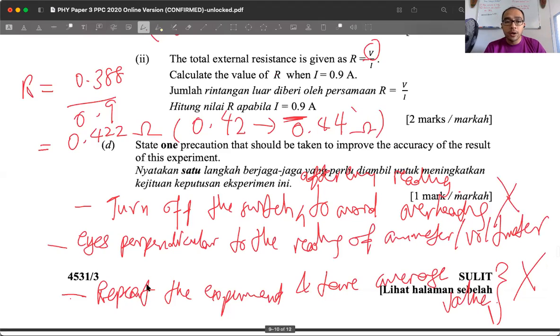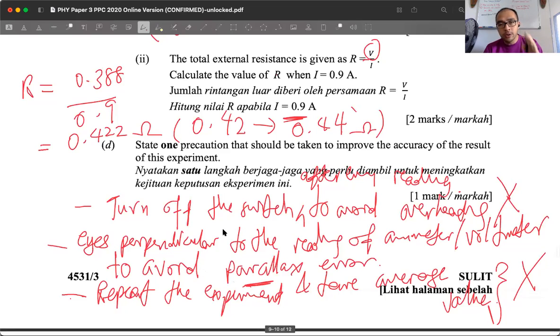There must be a reason. What are you trying to avoid? The only error that I will accept for this is parallax error. Some wrote random error, some wrote systematic error, which is even worse. Eyes perpendicular to the reading of the ammeter or voltmeter is very specifically parallax error.